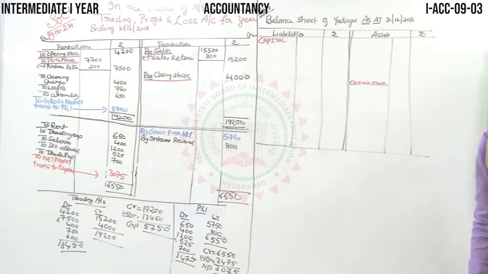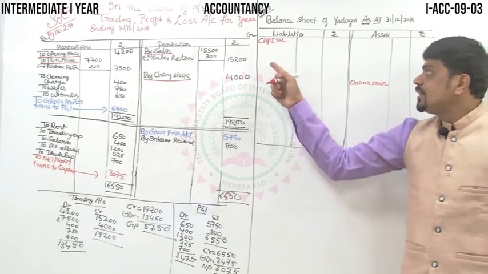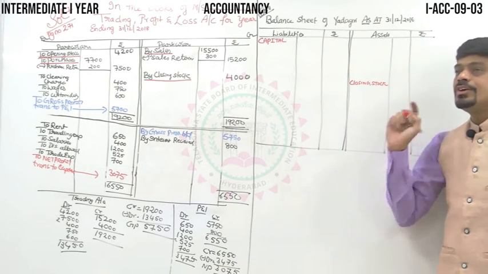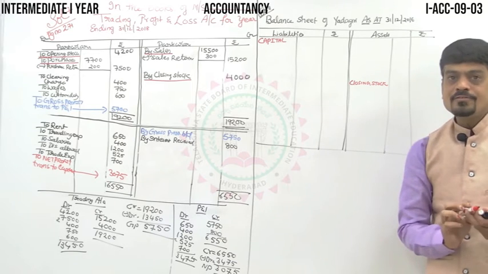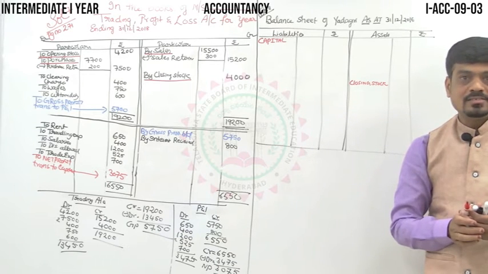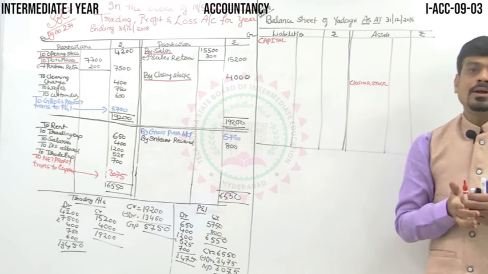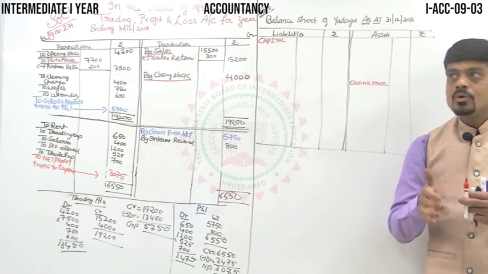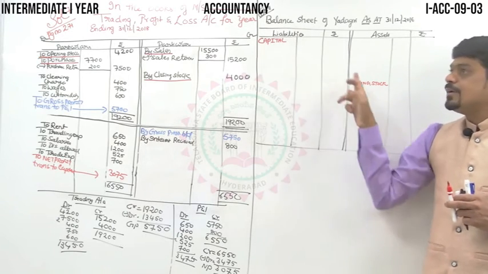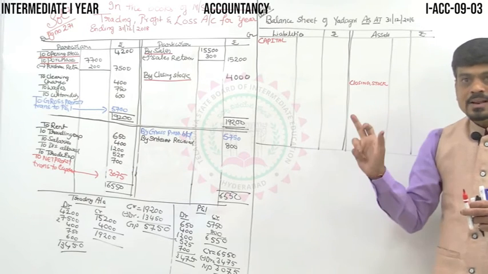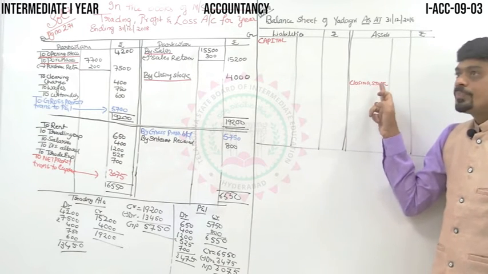Now you all will be thinking, why has sir written capital and closing stock? I told you order of liquidity, order of permanence. We are following order of permanence, dear. So, it will be very easy if we keep these items like this. It represents that closing stock.